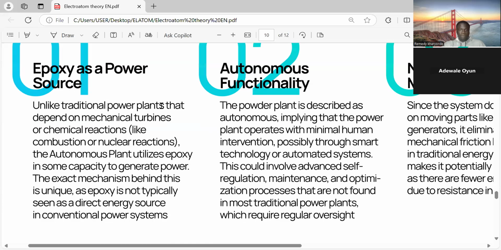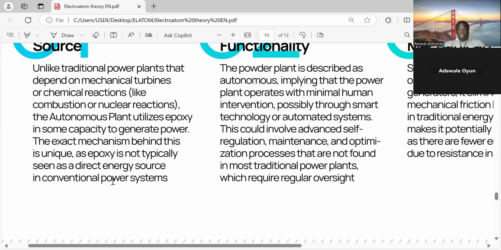Unlike traditional power plants that depend on mechanical turbines or chemical reactions like combustion or nuclear reaction, the autonomous plants utilize epoxy. We are using powder as our power source, and in some capacity it generates power. The exact mechanism behind this is unique, as epoxy is not typically seen as a direct energy source in conventional power systems.